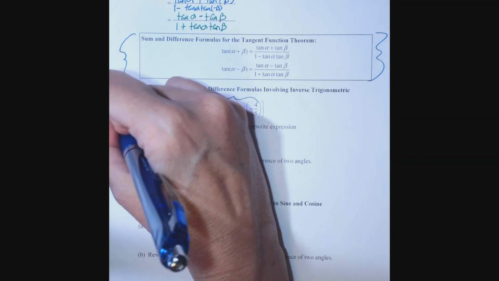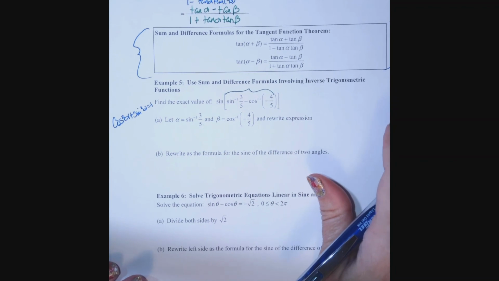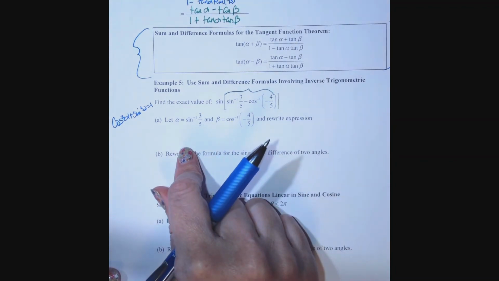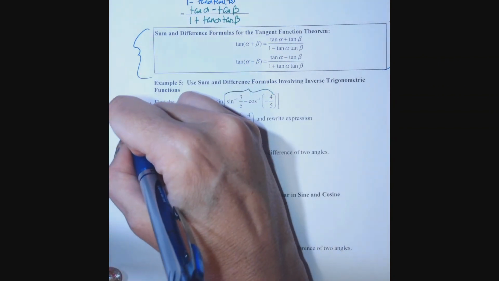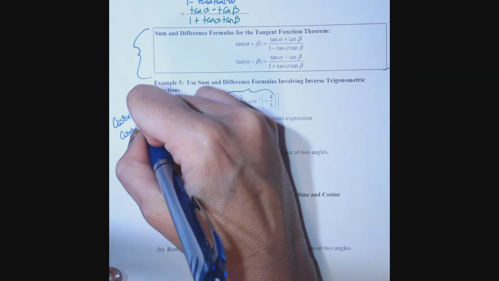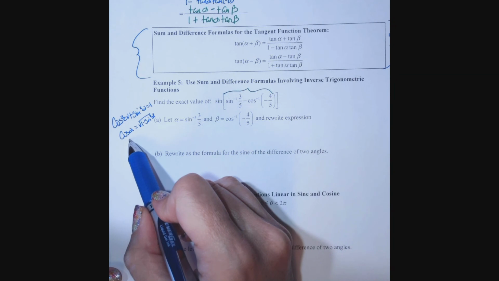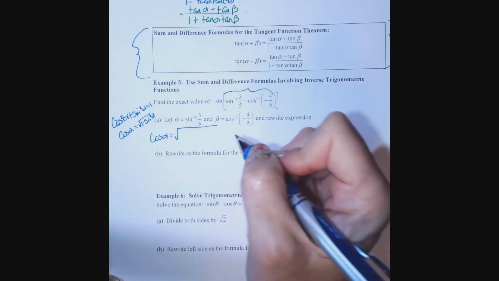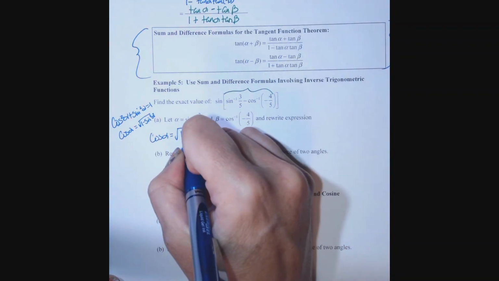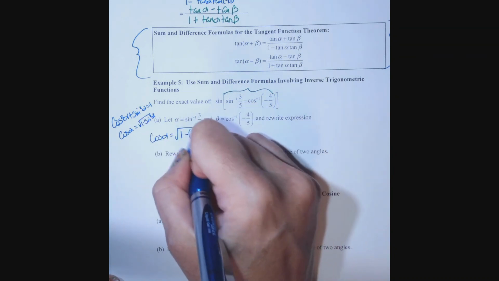Cosine squared alpha plus sine squared alpha is 1, our Pythagorean identity, correct? So that means that if I solve for cosine alpha, it would be the square root of 1 minus sine squared alpha. If I rearrange the Pythagorean identity and solve for cosine, that gives me cosine alpha is the square root of 1 minus sine alpha squared, and sine alpha is 3/5, so that would be 3/5 squared.